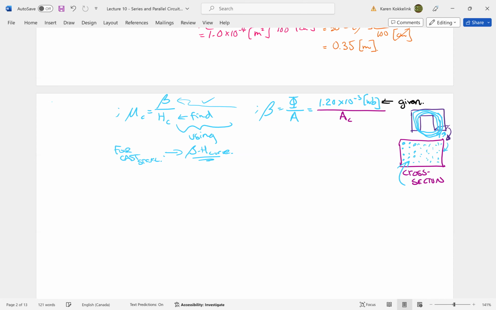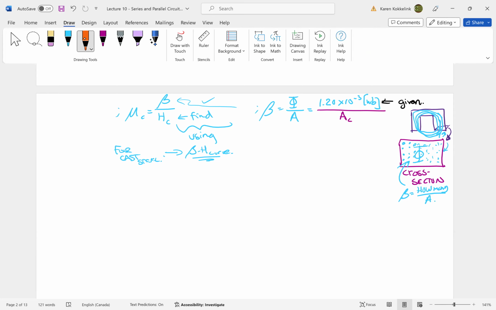So all it's saying is these are our lines of flux, and beta just means how many over this cross-sectional area. Well, this cross-sectional area, we have this geometry from above.